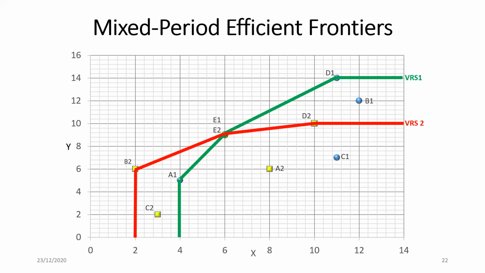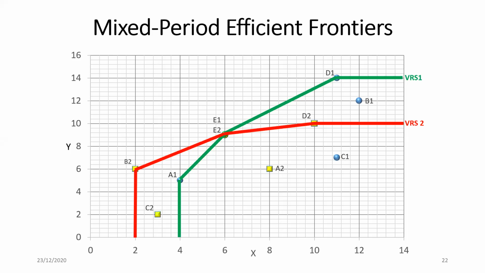Now let's go to E2. What will be the cross-period efficiency score for E2? Tarish. That would be 9 over 9. Exactly. 9 over 9 because it's at the same point as E1.